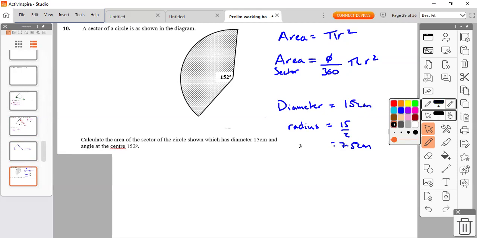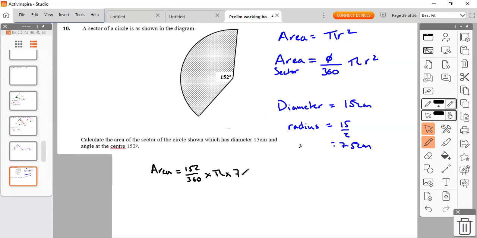So I'm just going to move over to the left here. Sector area is equal to 152 over 360 multiplied by pi. Remember, pi is just a constant, it's just a button on a calculator. 7.5 squared.